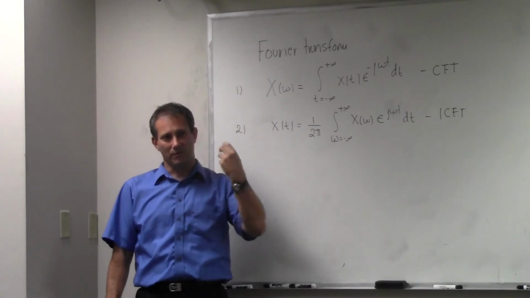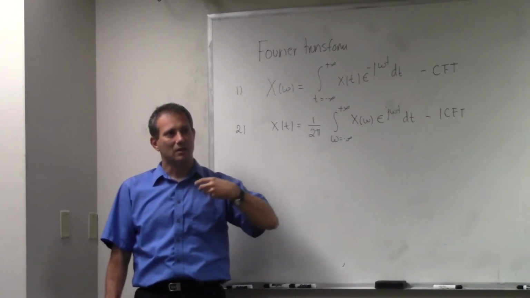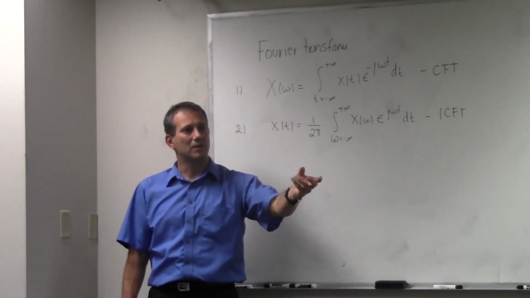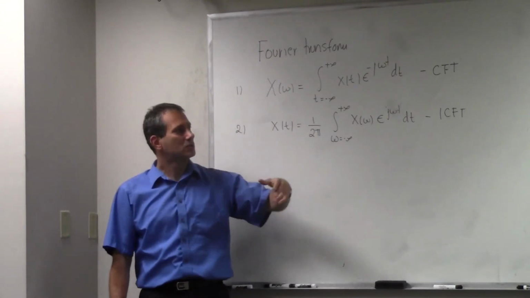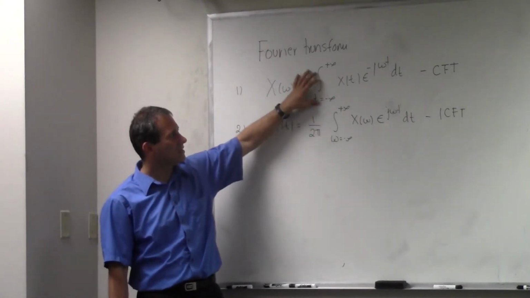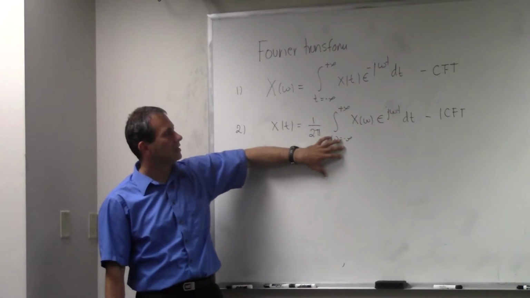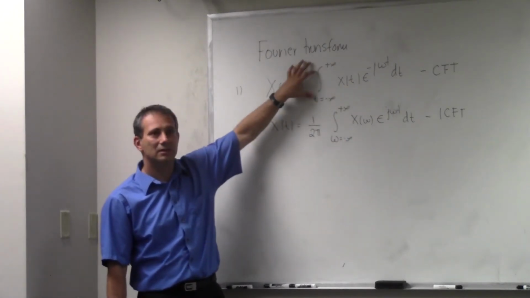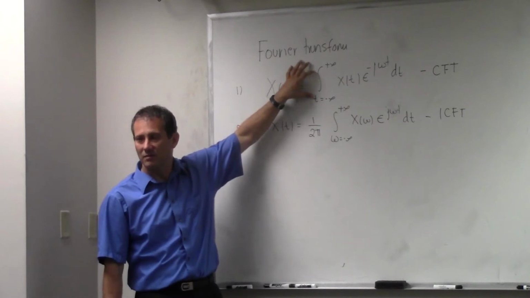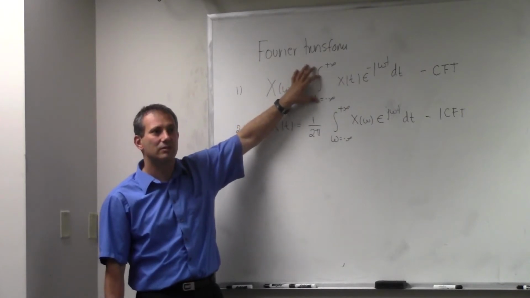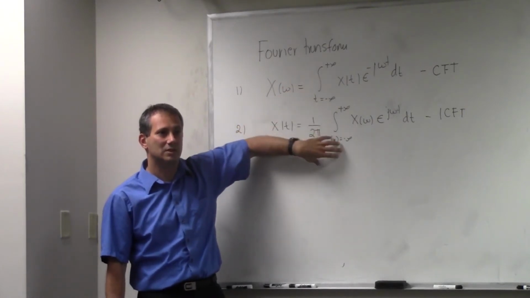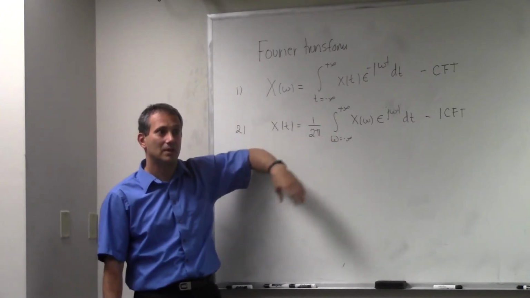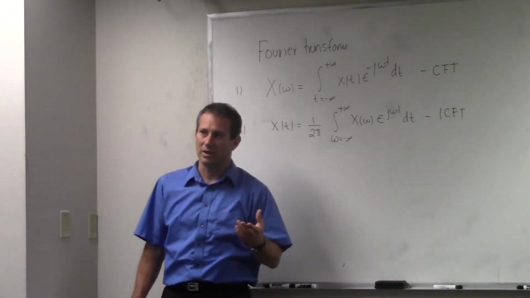So we're going to be going from samples in the time domain to samples in the frequency domain and back and forth. So what I need to do is translate these two equations, which are continuous domain equations, into something that gives me operations on a discrete set of numbers in one domain versus a discrete set of numbers in the other domain. Now we already have tools for that.